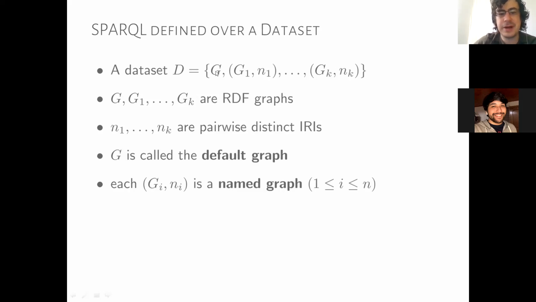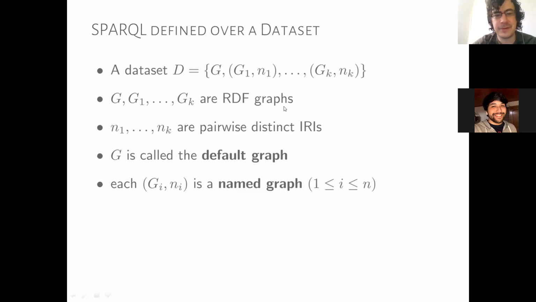So we have one default graph and we have K named graphs here, and each named graph is essentially a pair of a name and a graph. So what are the names? The names are IRIs. We can name different graphs with IRIs, and then we can select which of them we want to query or to do inserts or updates to based on what we want to do.